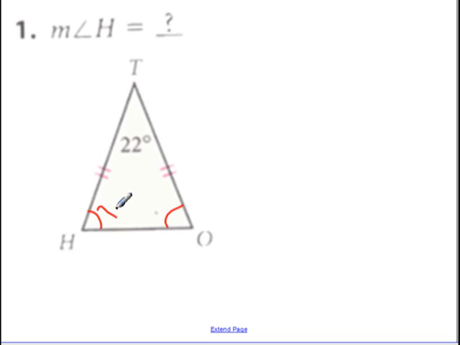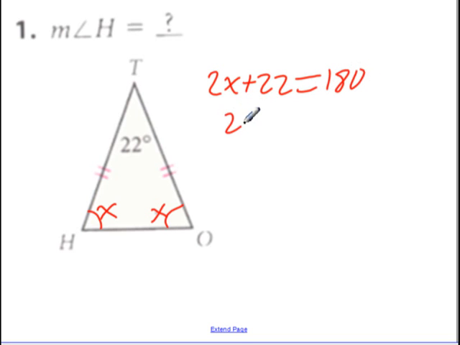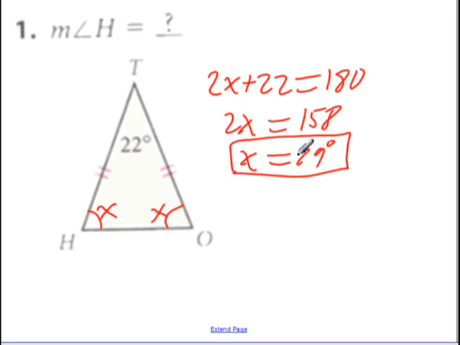Algebraically, what I could do is just call this X, which means this also has to be X because they're the same, and then say that 2X plus 22 equals 180, and we could just solve that equation. Subtract the 22 from both sides gives us 158, and then divide both sides by 2, and we get 79 degrees. And we can actually solve this problem where we couldn't solve something like it before.